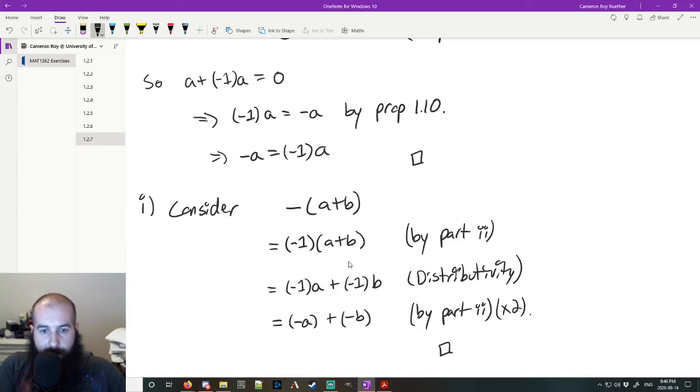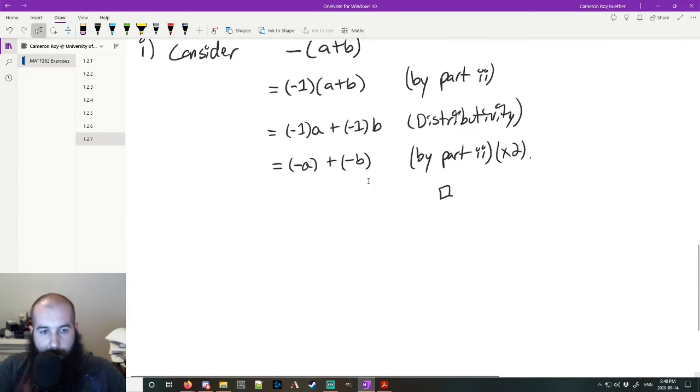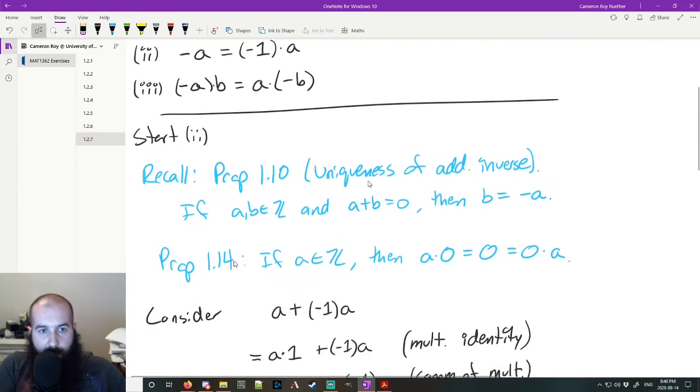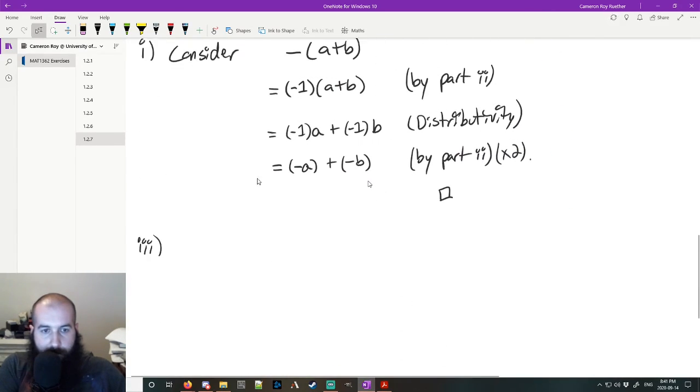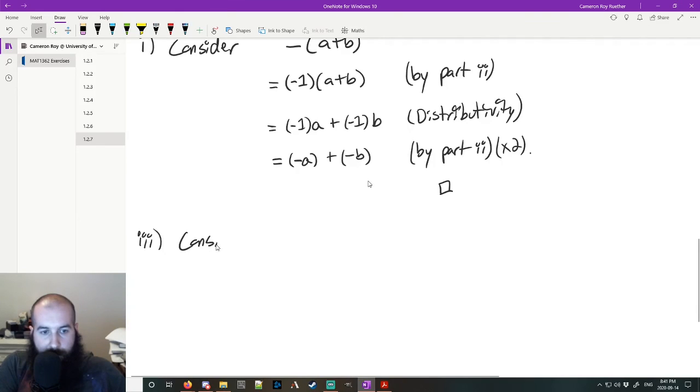For part 3, we want to start with the additive inverse of a times b and end with a times the additive inverse of b. So let's consider the additive inverse of a times b.